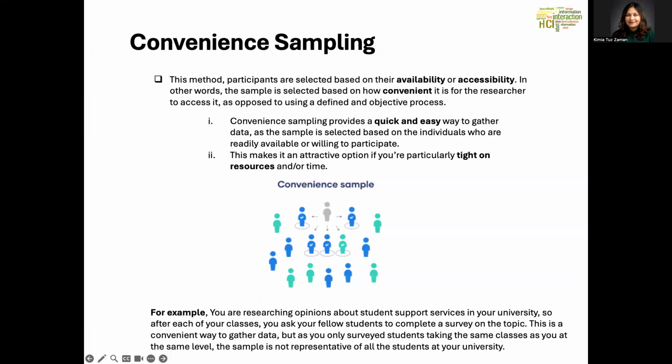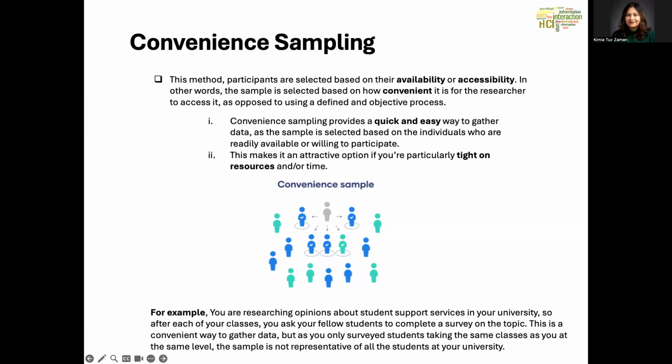Next, convenience sampling selects people who are easy to reach based on availability or accessibility rather than a formal random process. It's quick and low cost, which is why it's common when time or resources are tight. For example, after class, you survey the students who happen to be there.